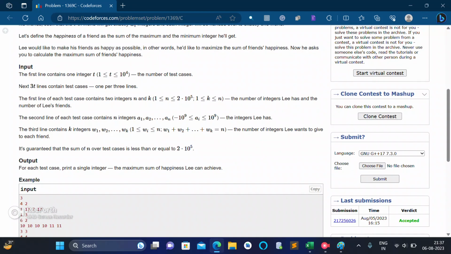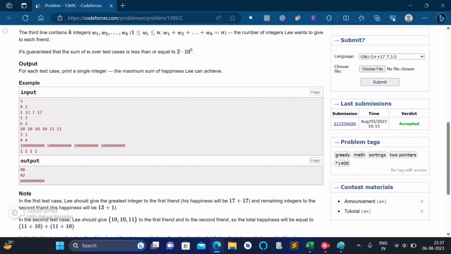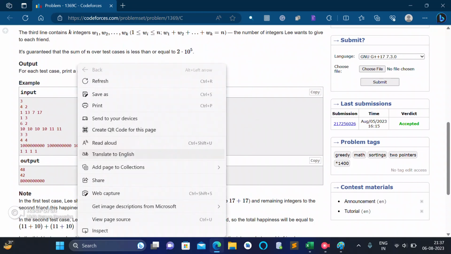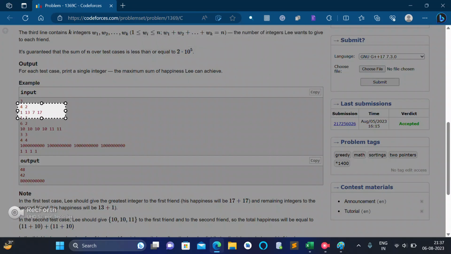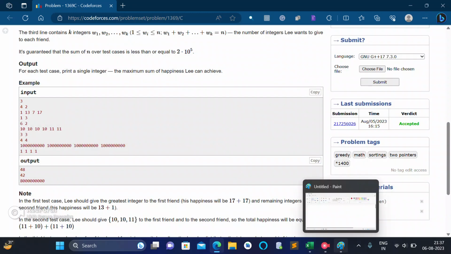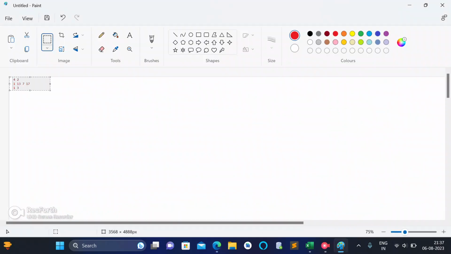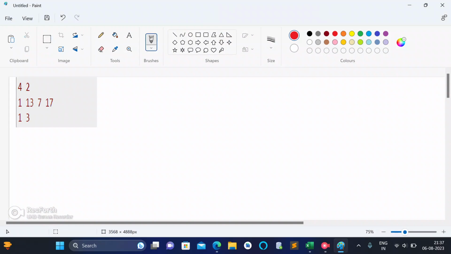So let's understand the question better with the help of an example. Let's take the first example. We are given that there are 4 elements, and there are 2 friends.